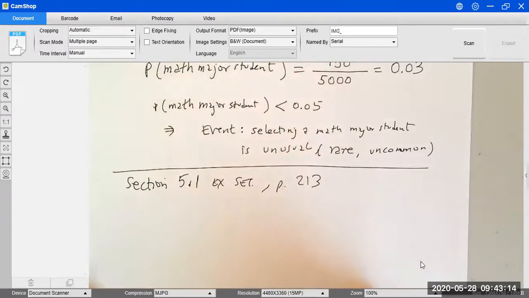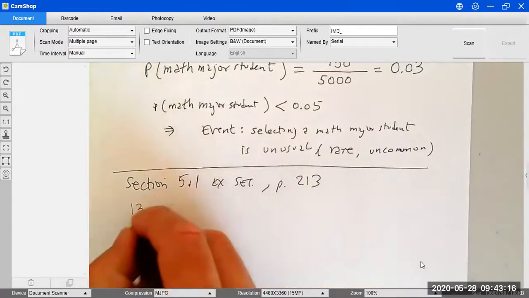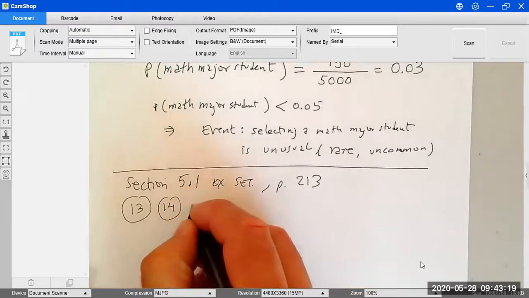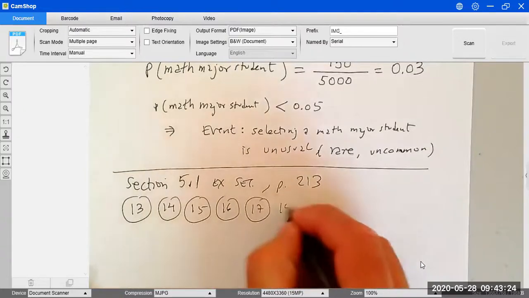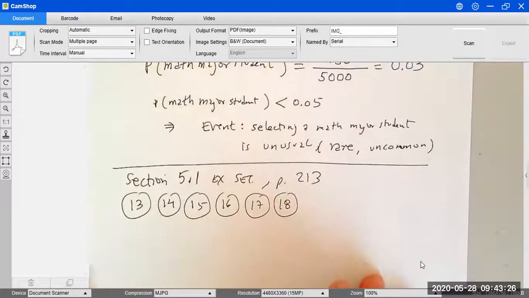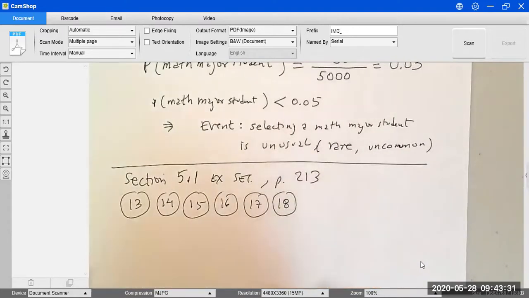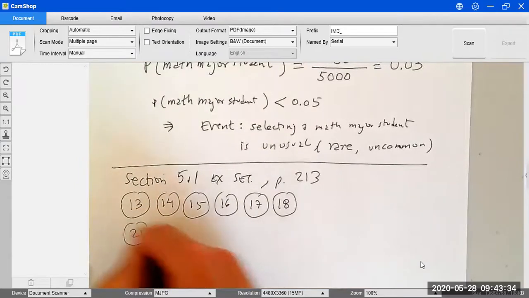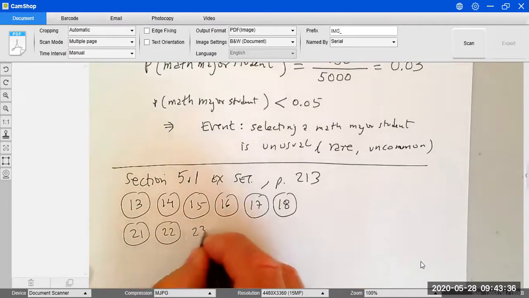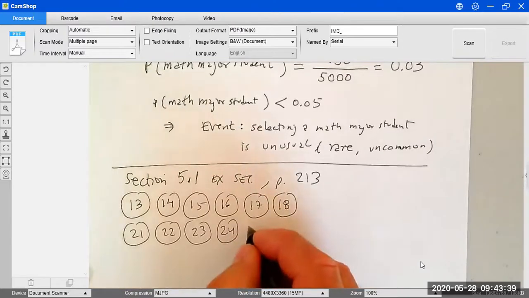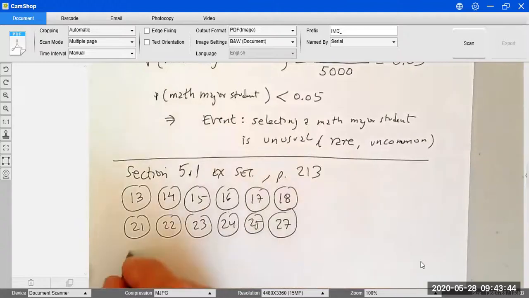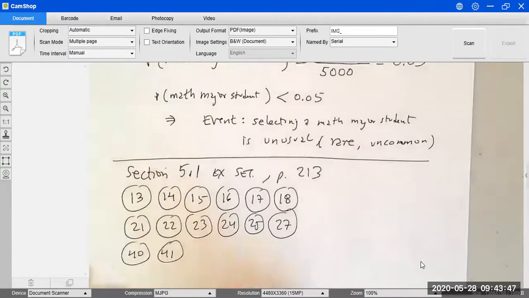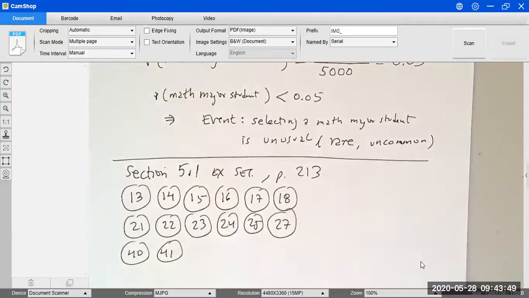You're going to solve first problems 13, 14, 15, 16, 17, and 18. This is just basic. You're going to use just the definition of probability. Then you're going to solve problems 21, 22, 23, 24, 25, and 27. And finally, 40 and 41 to have an idea of what you're going to get in your exam.